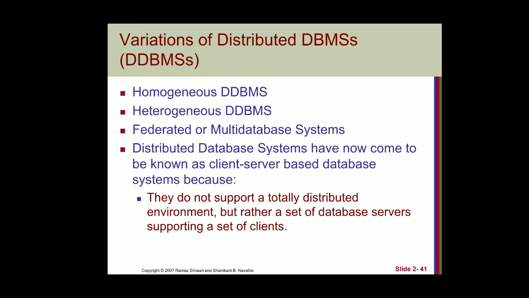A heterogeneous one is a kind of distributed database management system wherein we have information present at various databases. We make use of multiple databases, and the DBMS software used at the multiple locations is different. That is heterogeneous.